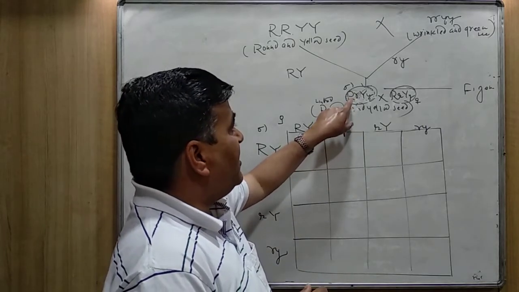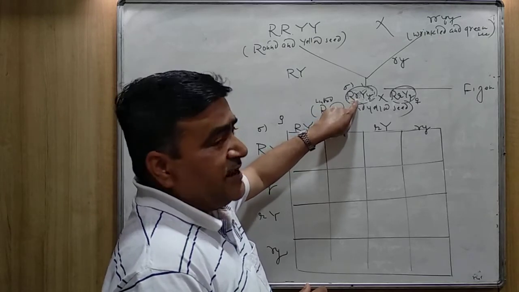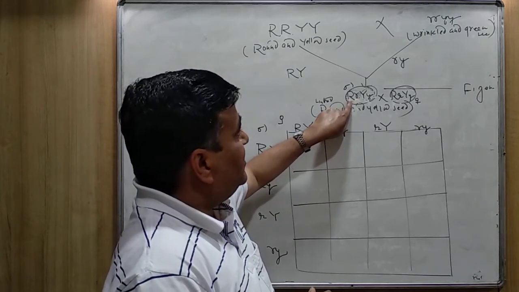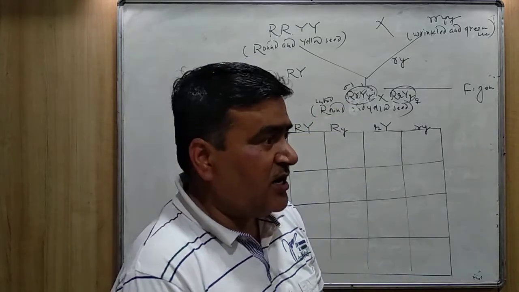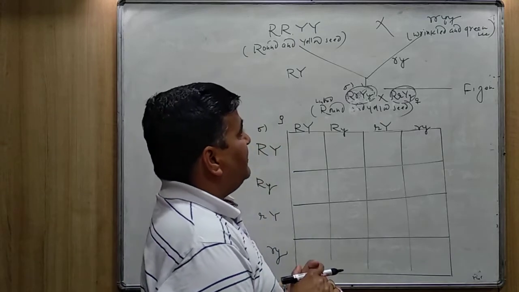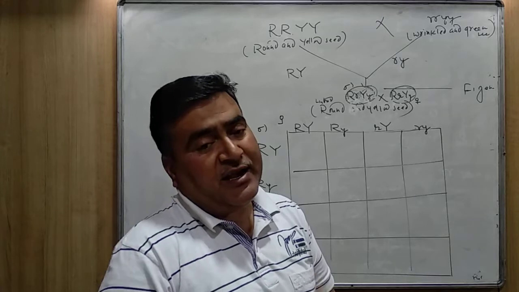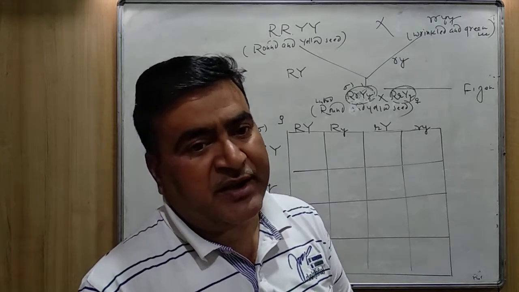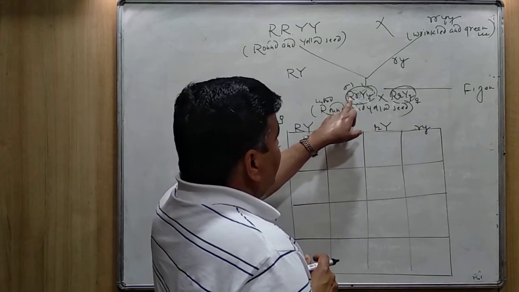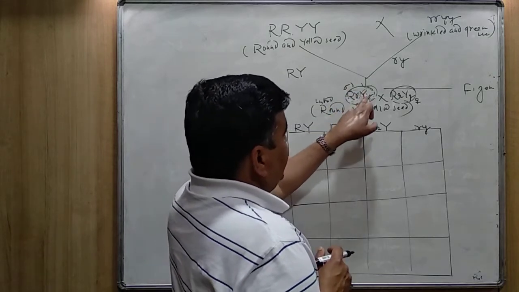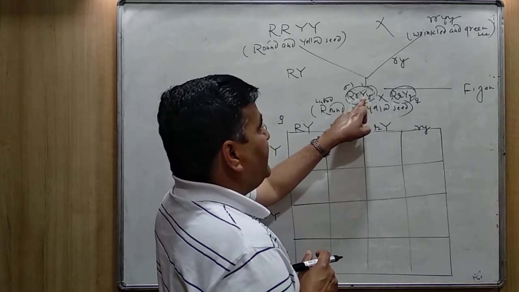As per the law of independent assortment, the alleles of a character are independent to assort with the alleles of other character at the time of gamete formation, and this is called the law of independent assortment. It means the capital R can assort with the capital Y during the gamete formation.